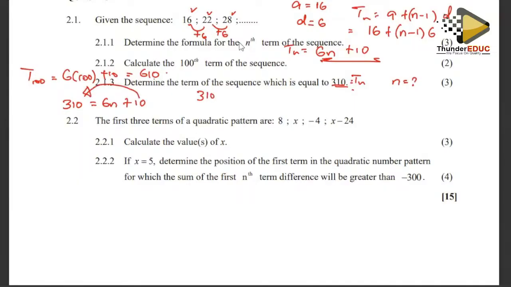So 310 minus 10 is equal to 6n, meaning that 300, then divide by 6. So n becomes 300 over 6. It becomes 50. So position number 50 is going to have 310.